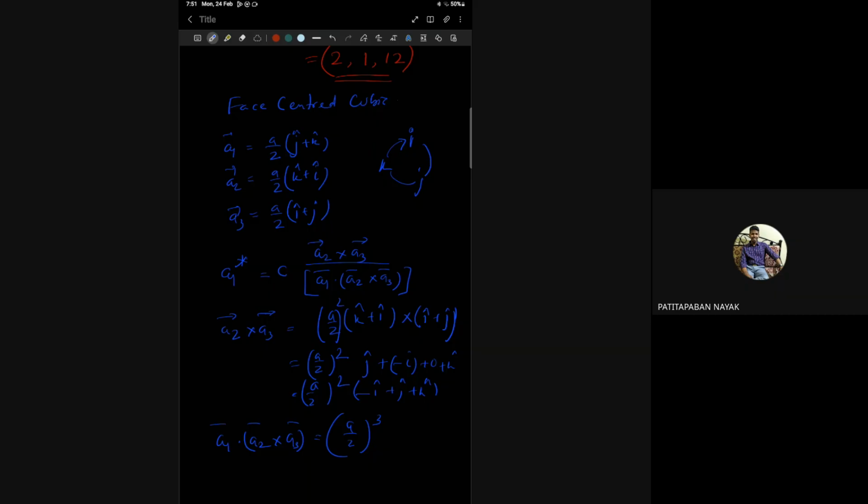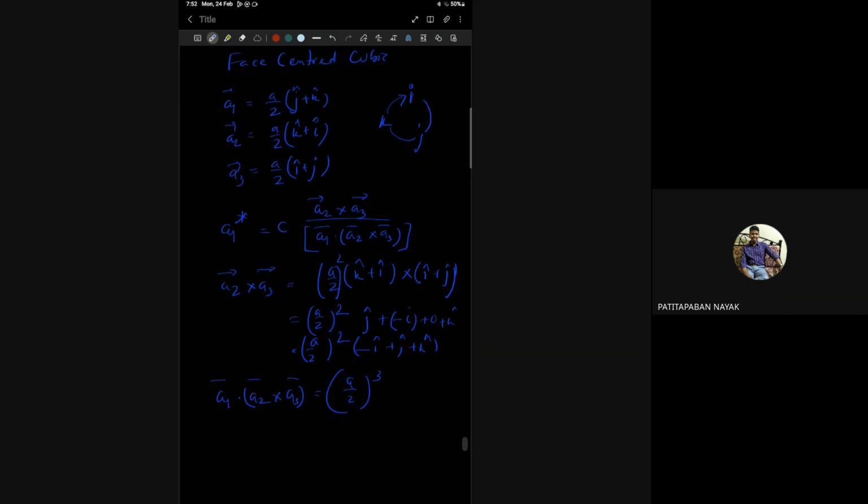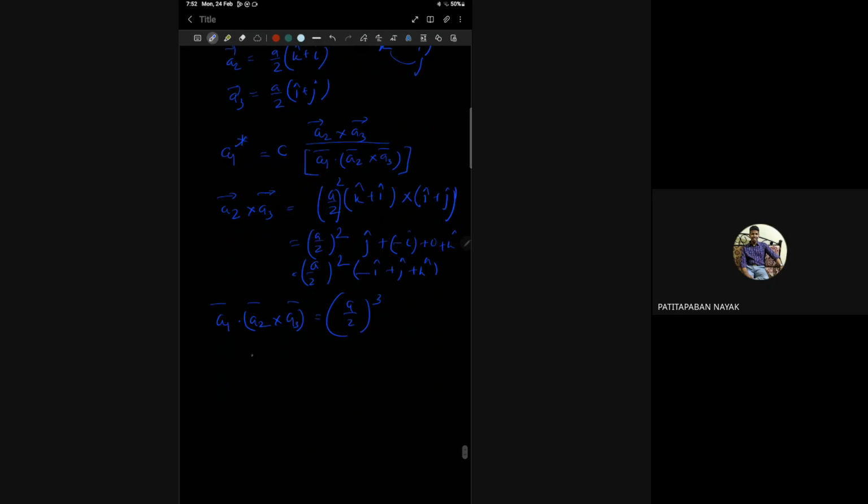So then what exactly are we getting? A1 star is equal to 2 by A, times (minus I cap plus J cap plus K cap).